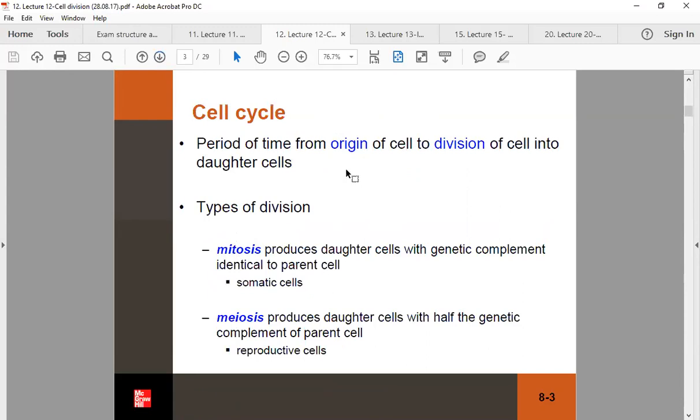So let's think now about the differences between the two. Differences between mitosis and meiosis. And there's a couple of differences that you can probably see here.